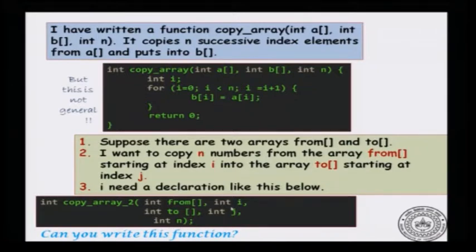What I have to do is copy from[i], from[i plus 1], and so on up to from[i plus n minus 1] to to[j], to[j plus 1], and so on up to to[j plus n minus 1]. For the purposes of this lecture, let's just assume that from and to are big enough, so that you will never overshoot the arrays by taking i plus n minus 1 and j plus n minus 1. Can you write this function?